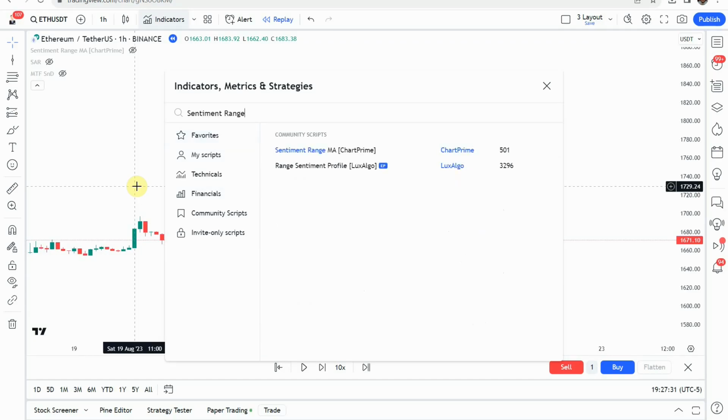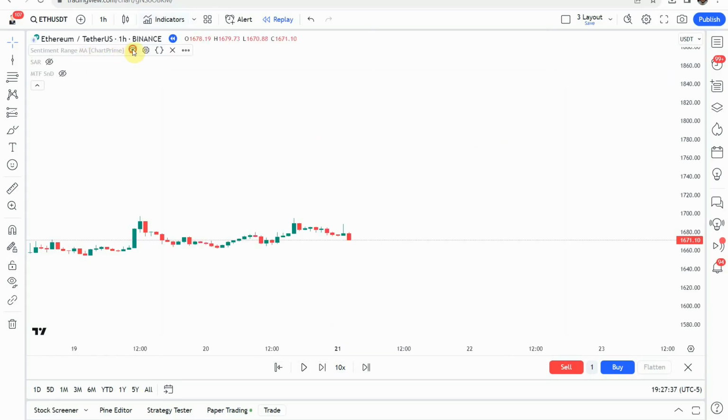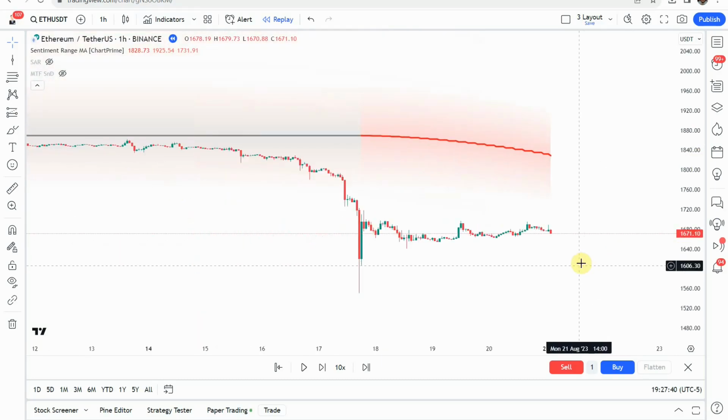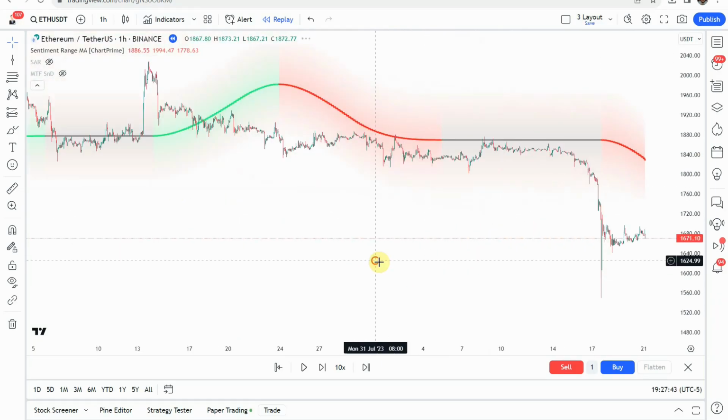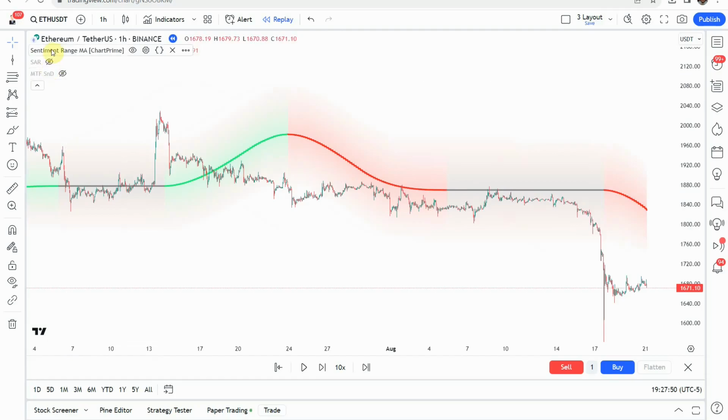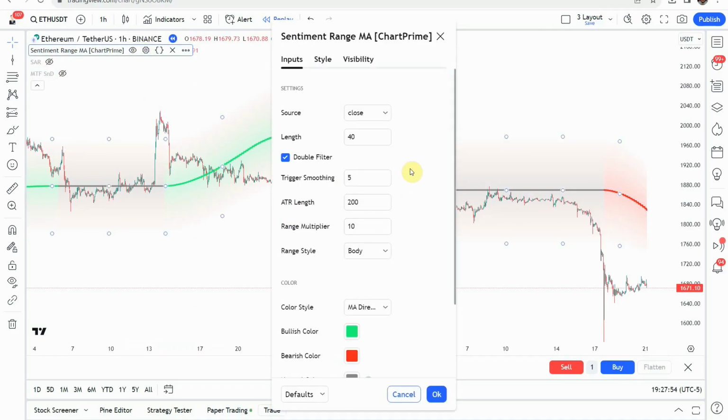The first indicator you are going to put on screen is the sentiment range MA, and that's going to be this indicator right here. If I scroll back a little bit like so, you can see it a little better. This is the advanced moving average indicator. You're going to go in and make a few changes to the settings.